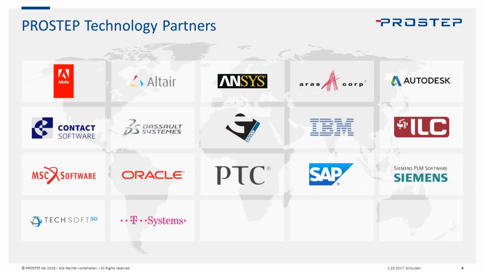Major systems may be provided by Dassault Systèmes or Siemens or PTC, but also SAP, Autodesk, and ARAS, and others. And then also simulation data management systems and ERP systems. We're partnered with Adobe for our 3D PDF products, and TechSoft for 3D PDF translation, and others.